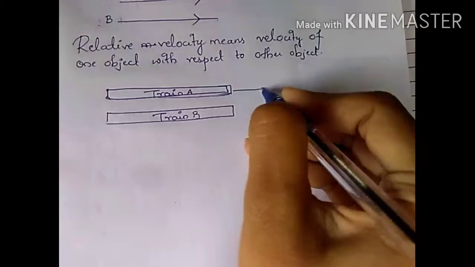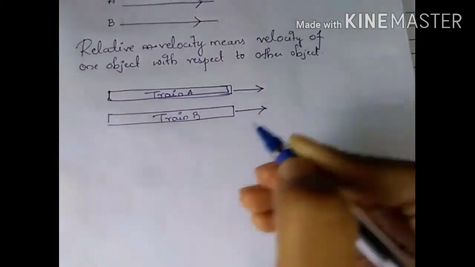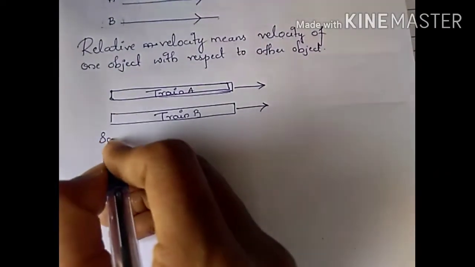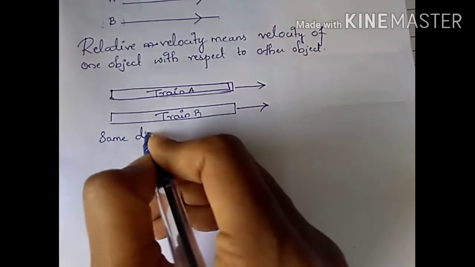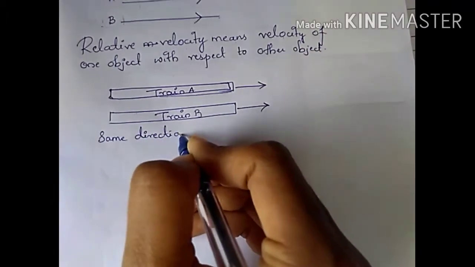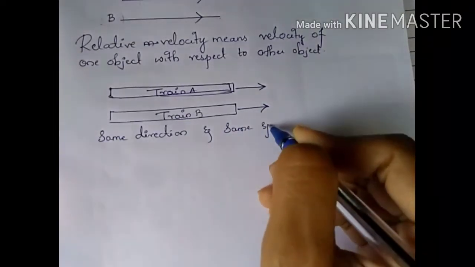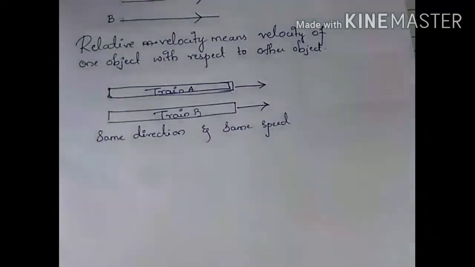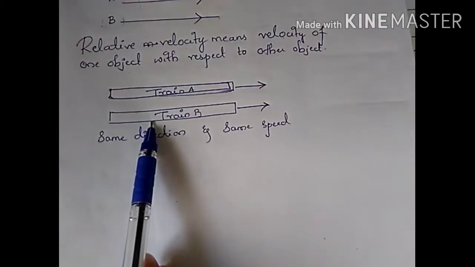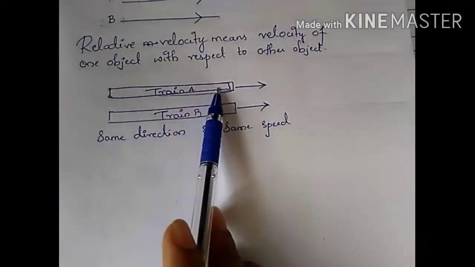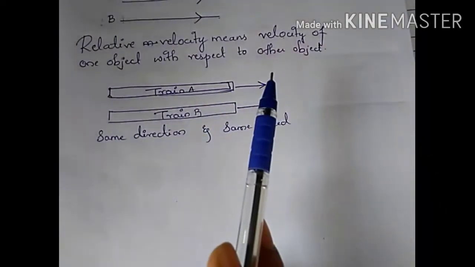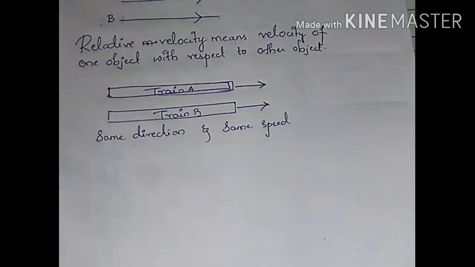So the direction of these two trains is same, and same speed. So these two trains, train A and train B, are moving in parallel tracks in same direction and in same speed.